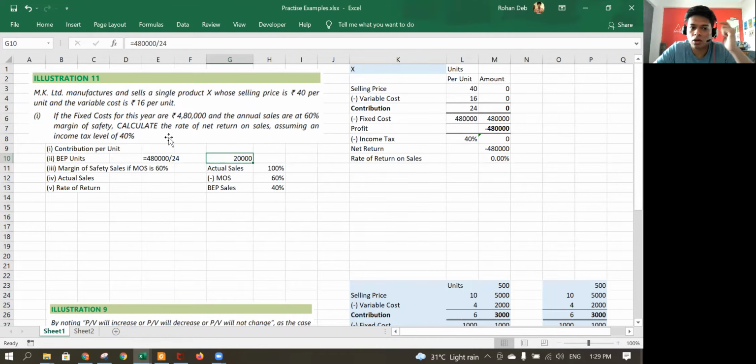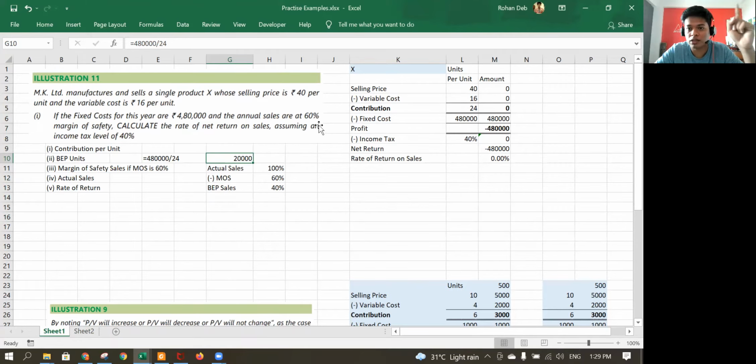Now, what is the concept of margin of safety? Margin of safety is basically the safety margin of the number of units that I'm going ahead with, so that if my fixed cost increases by some level, I can still sustain my business. A very important part of this is: 60% margin of safety, 60% of what? 60% of break-even point or 60% of actual sales?